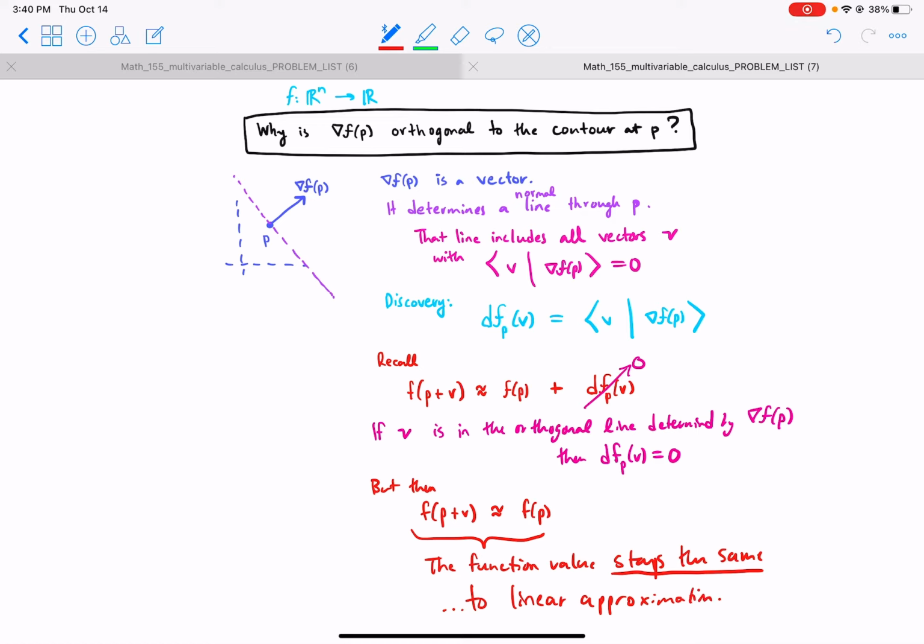Okay, and remember, the places where the function value actually stays the same, those are contours. Those are level sets of the function. Those are preimages of the function.